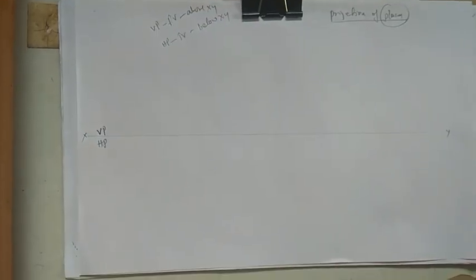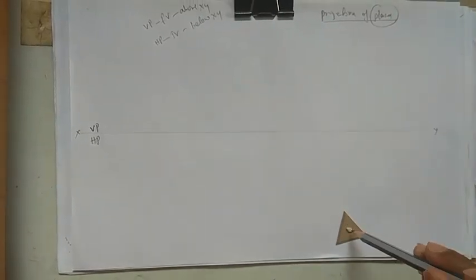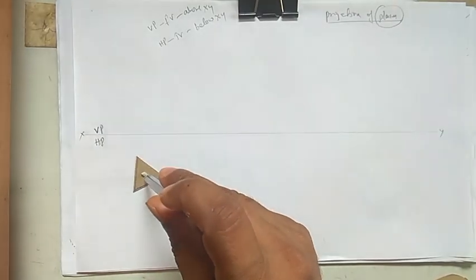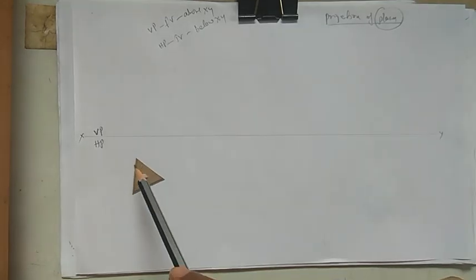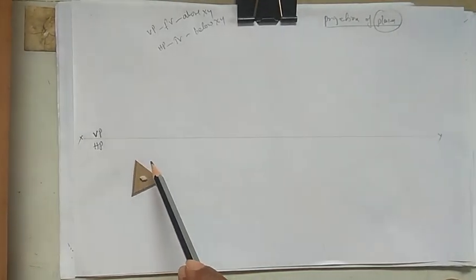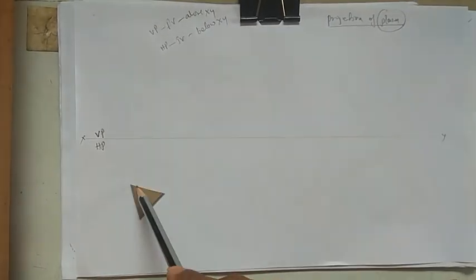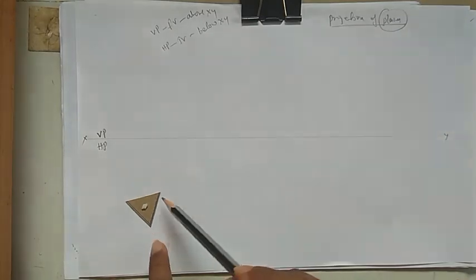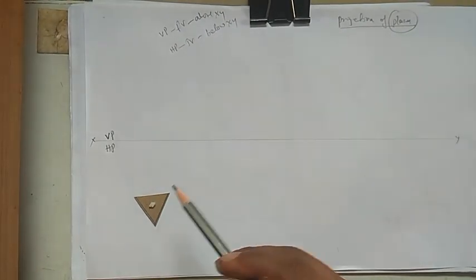Just to take one by one, we'll take a simple triangular lamina, normally called an equilateral triangle. This is how an equilateral triangle looks. Here you can see there are three edges, 1, 2, 3, which are equal to each other, and three corners and three sides.